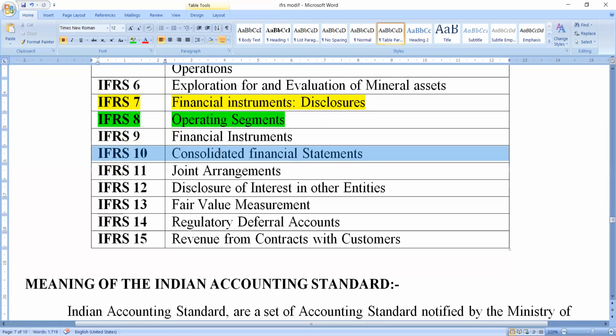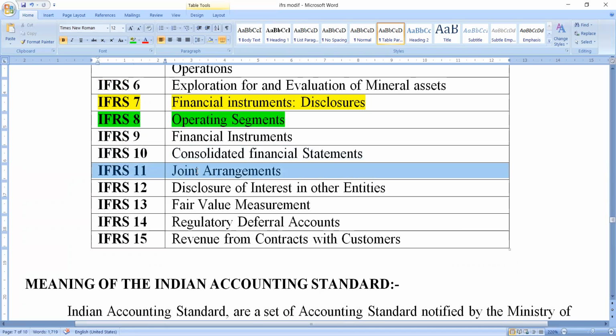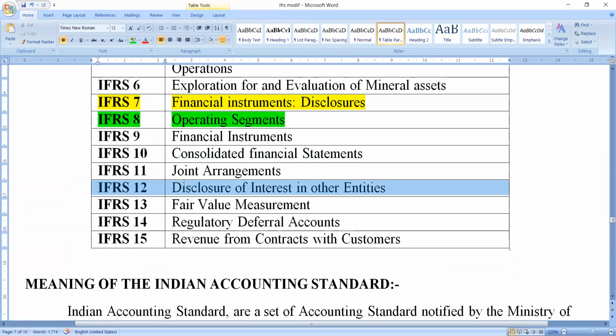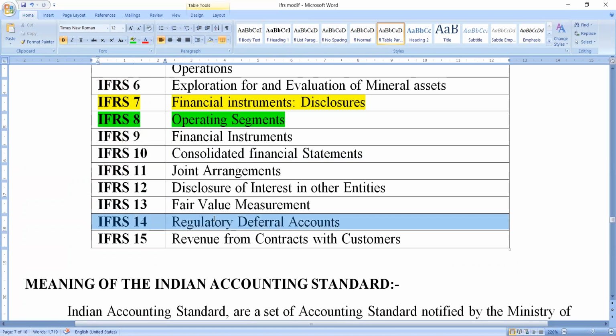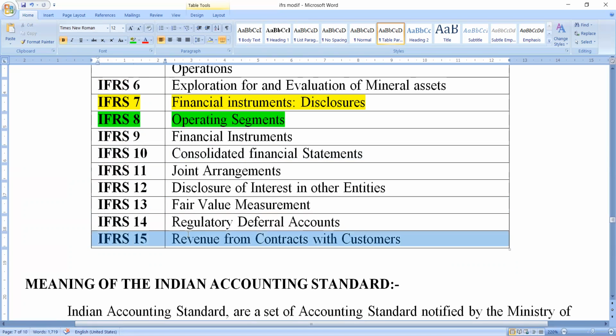IFRS 10, consolidated financial statements. IFRS 11, joint arrangements. IFRS 12, disclosure of interests in other entities. IFRS 13, fair value measurement. IFRS 14, regulatory deferral accounts, and IFRS 15, revenue from contracts with customers.